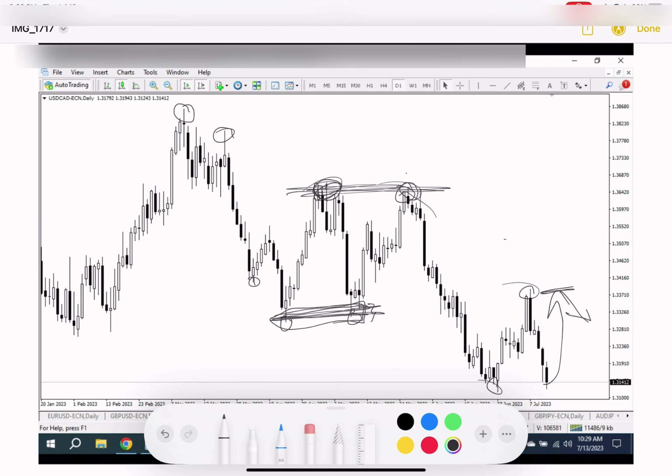When market returns to the upside, previous support level starts working as a resistance level. For example, right now market is here. So this obviously is going to work as the resistance because it was a resistance earlier, but there can be another resistance which will appear before there.